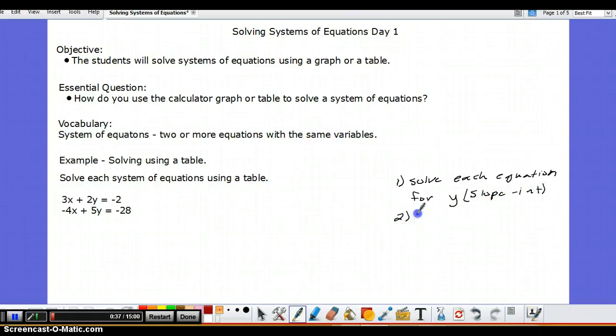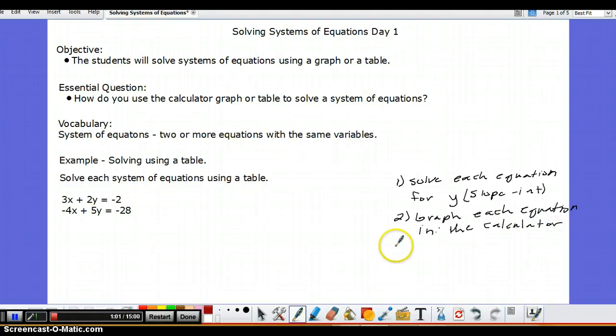After that, we're going to graph each equation into the calculator. And then for tables, we're going to find the solution in the table.